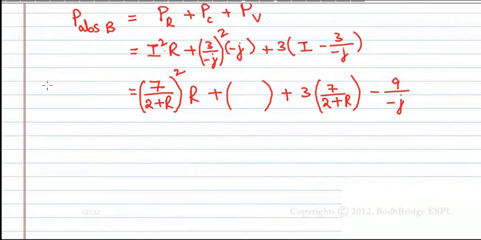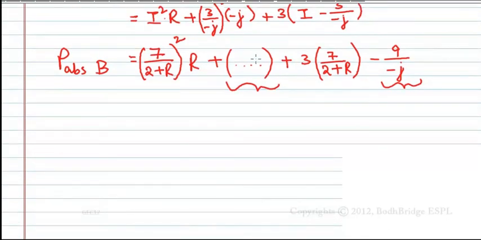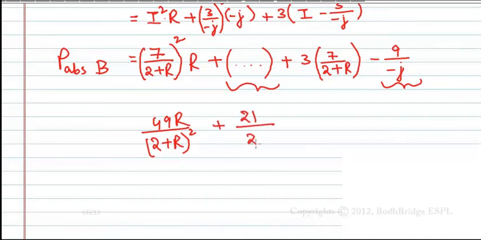I want to maximize this expression, the power absorbed by B. These are constants, so I cannot maximize or minimize these terms. They do not come into the optimization. Therefore, leave those terms. So we want to maximize 49 by 2 plus R whole square into R plus 21 by 2 plus R.